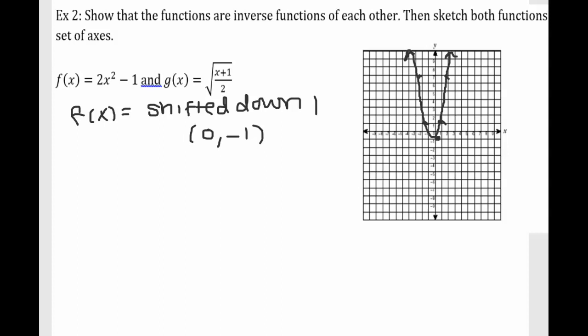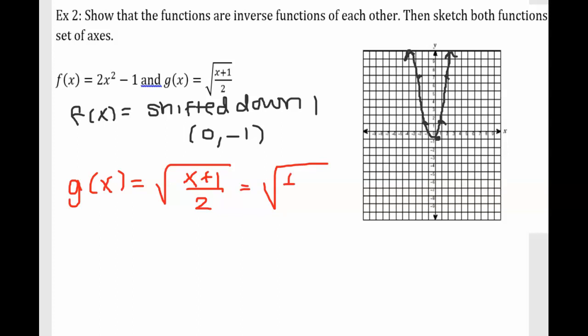So there's our graph, and then again it says sketch both functions on the same set of axes, and we want to sketch g of x. So that square root is really like 1/2 x plus 1/2. So what that tells me is that this graph is moved 1 unit to the left.